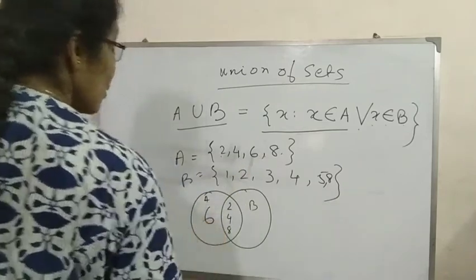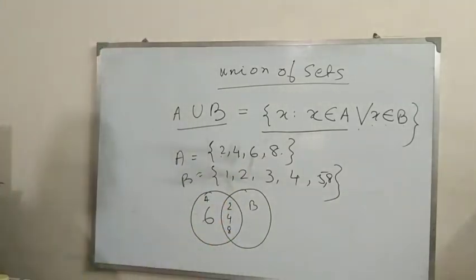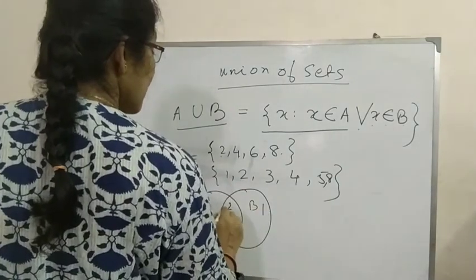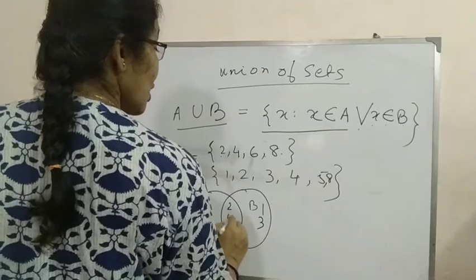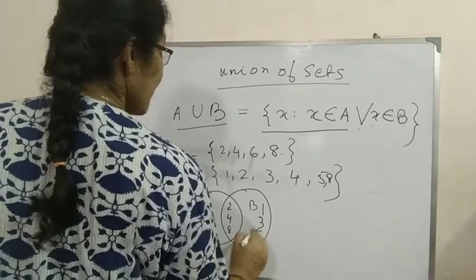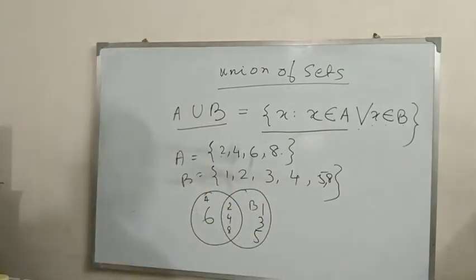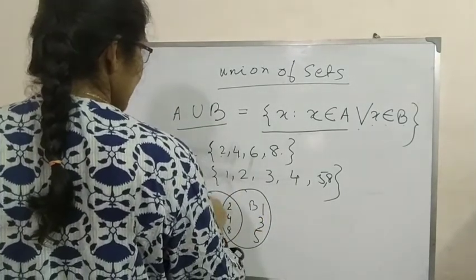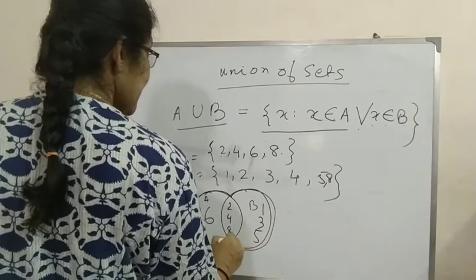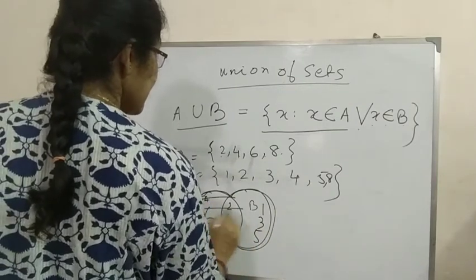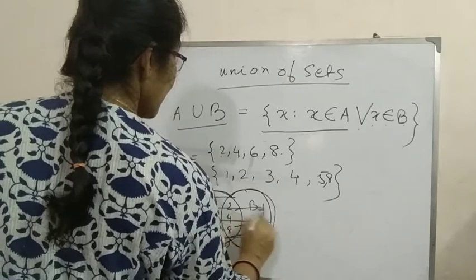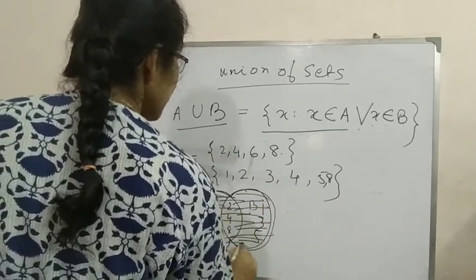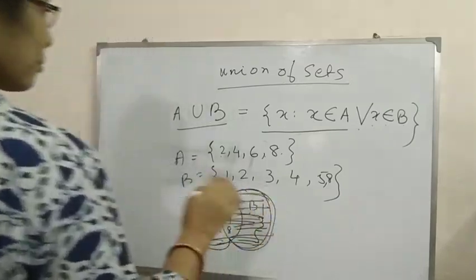So the A set is completed, and B is 1, 2, 3, 4, 5, 8. B is completed. So A union B means the total of this. This is the A union B.